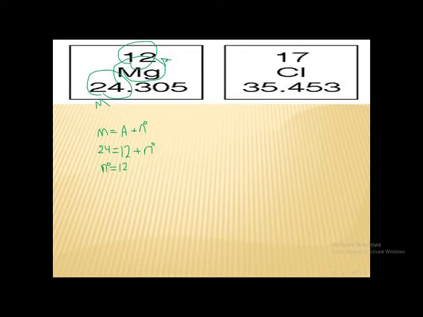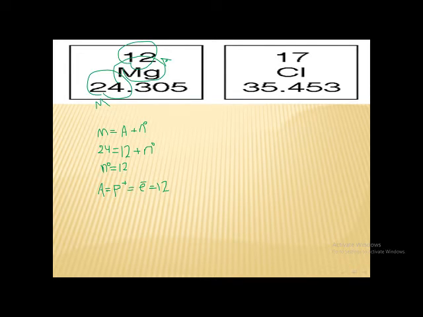If we have a neutral atom, the number of protons is the same as the number of electrons. So how many protons do we have? The number of protons is the atomic number, and that means it's the number of electrons. So the number of electrons will be 12.